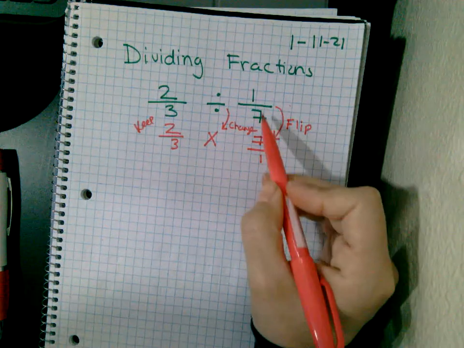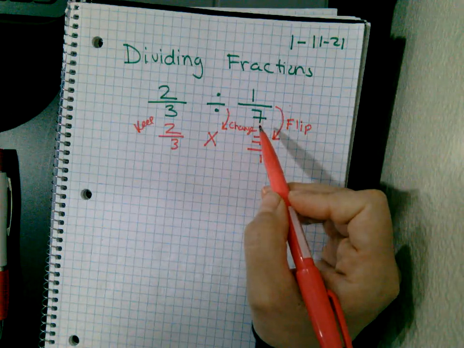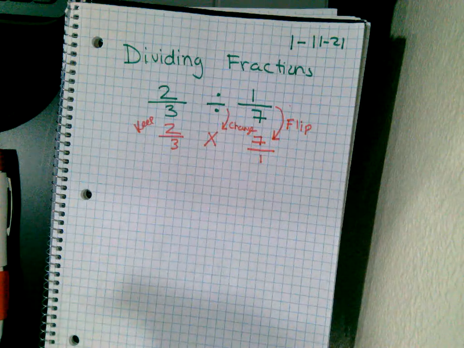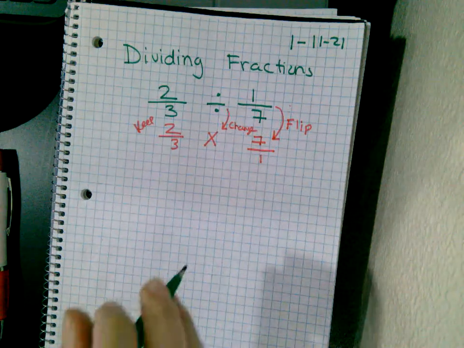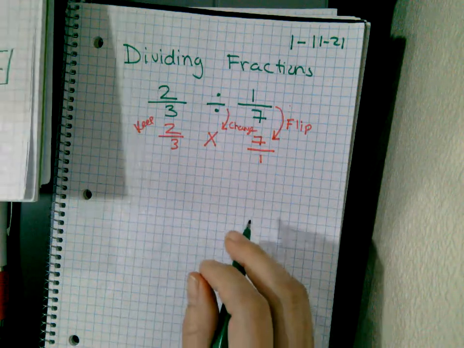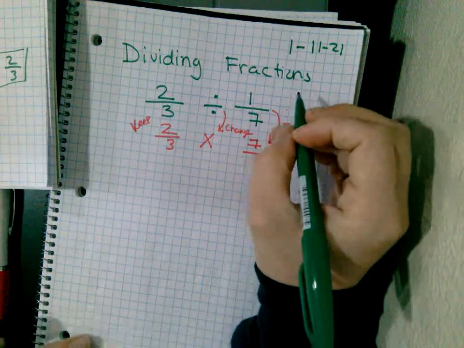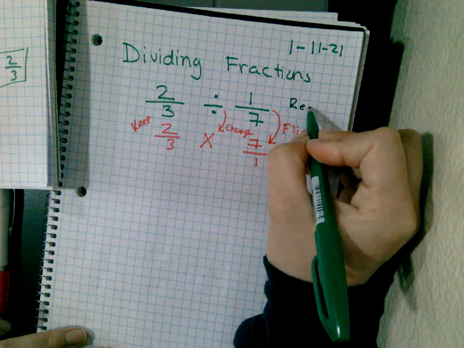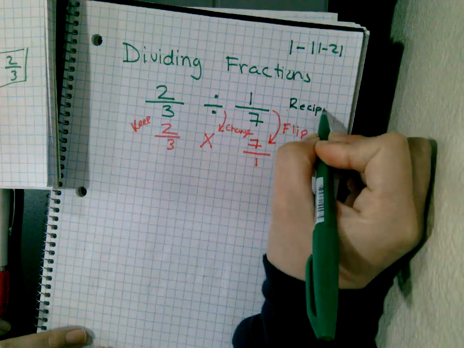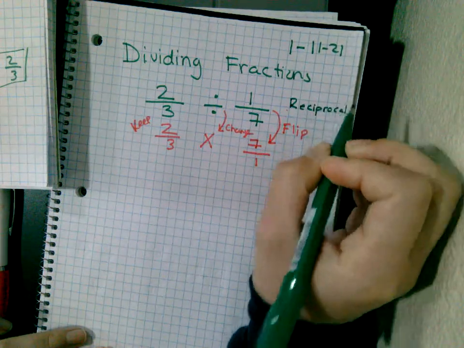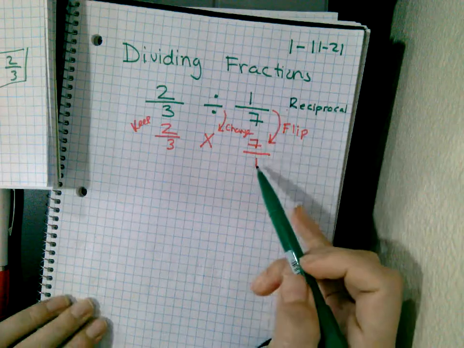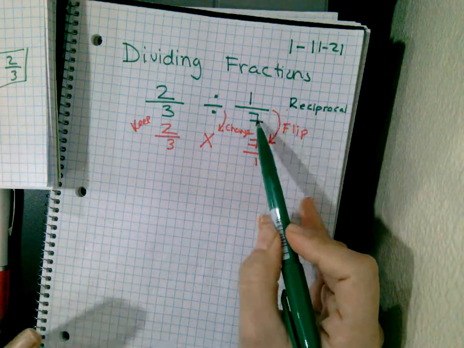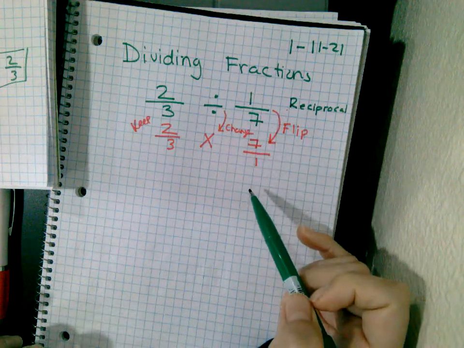So if it's 1/7, we just flip. You flip the numerator and the denominator. The academic vocabulary word is you multiply by the reciprocal. So the reciprocal of 1/7 is 7/1.